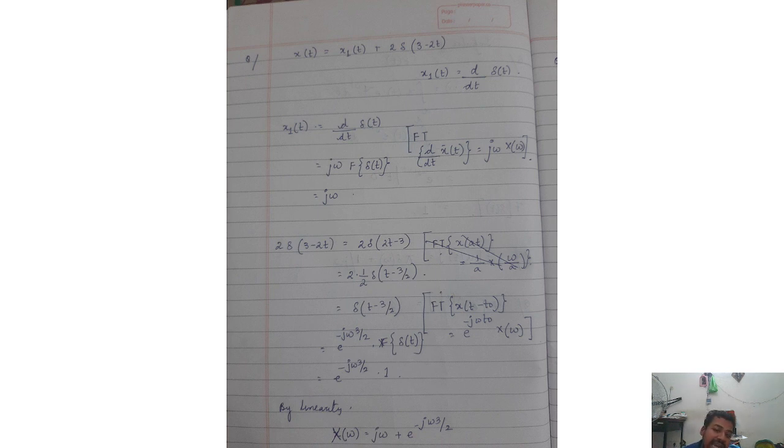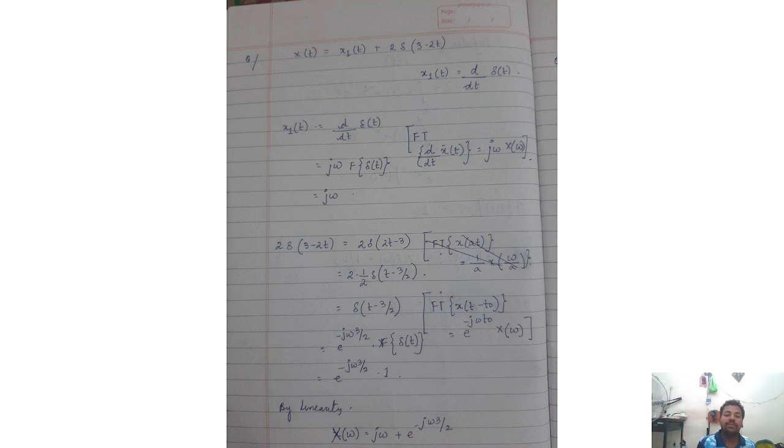If you check the properties of the Fourier transform, we remember that the Fourier transform of a derivative of a signal, that is the Fourier transform of d dt of x of t, can be written as j omega into X of omega, where X of omega is the direct Fourier transform of the signal x of t.